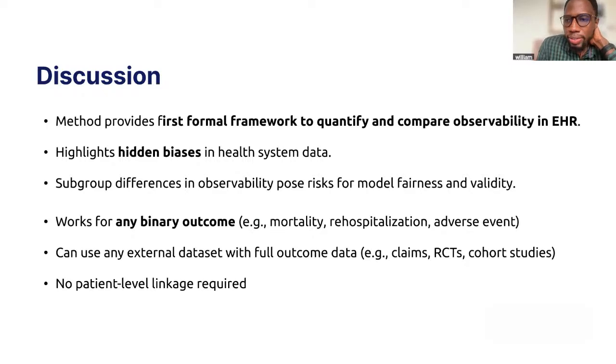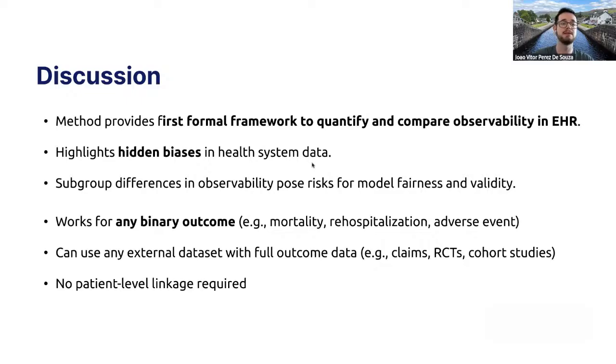Okay. So in terms of discussion, this method provides the first formal framework to quantify and compare observability in EHR. So this is pretty cool. This is really novel as well. So maybe we can see more of this in the future. It is good because it highlights hidden biases in the health system data, which we don't tend to see.